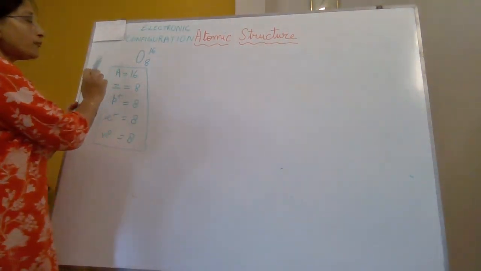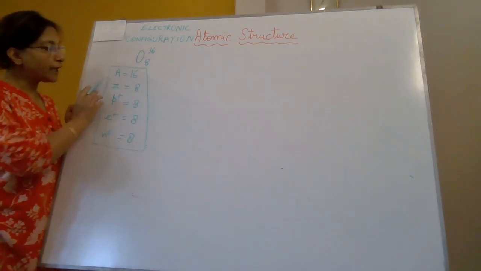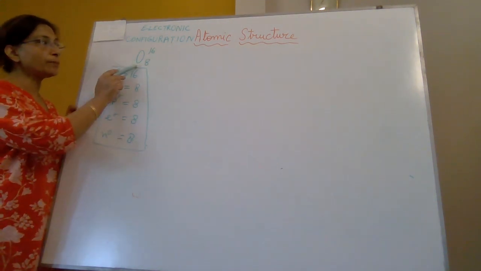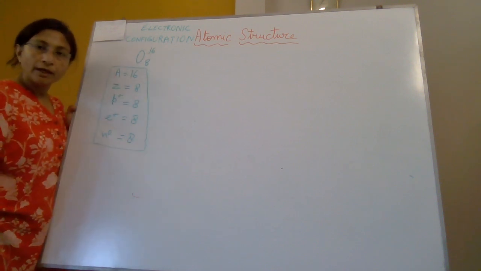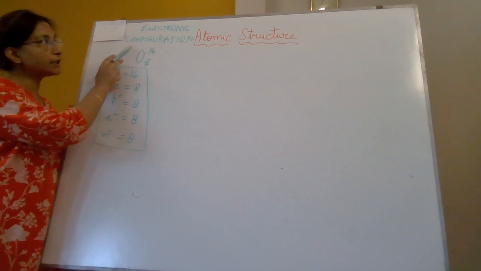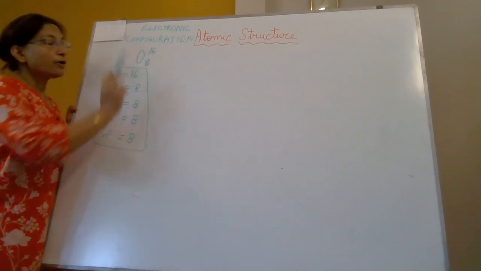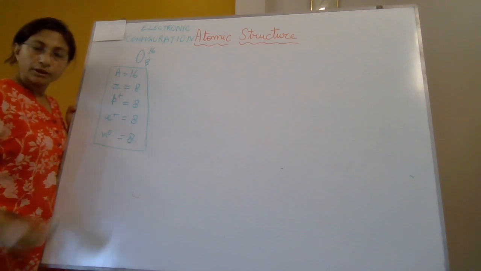Now with the help of the information that we have deduced by atomic number and mass number, let us try to find out how this helps us in writing the electronic configuration. What is electronic configuration?